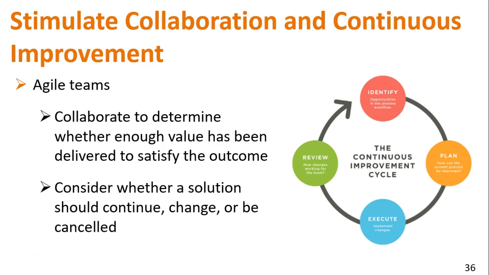And at the initiative horizon, we're looking again at, should we continue? Do we need to continue with delivering pieces of our solution? Do we need to change our solution, either in terms of what's being delivered or in what sequence it's being delivered, or are we done and can we cancel and stop and reallocate our resources?